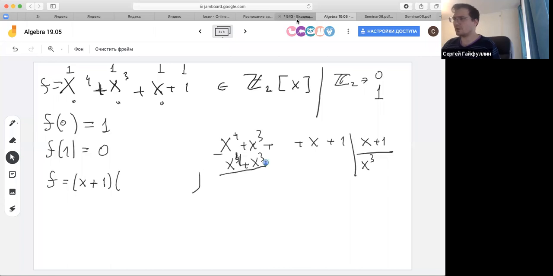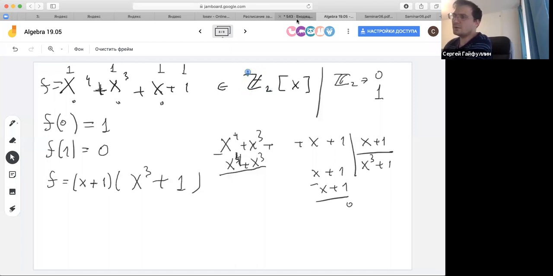Okay, we have just x plus 1, and here is plus 1, and I obtain 0 as a remainder. So here is x squared, x cubed plus 1. Is it clear how to divide polynomials with coefficients in Z2?